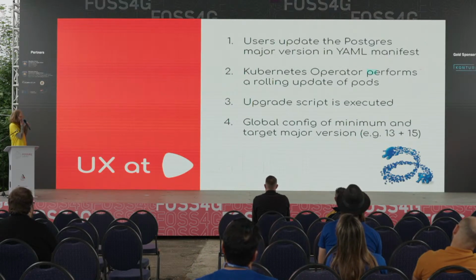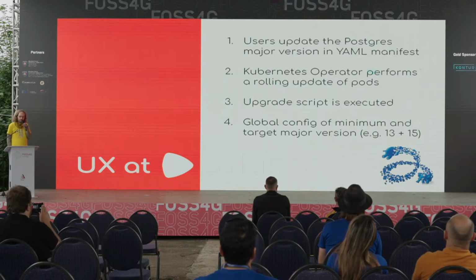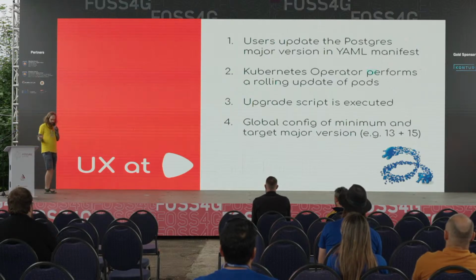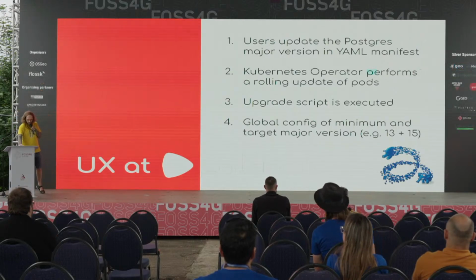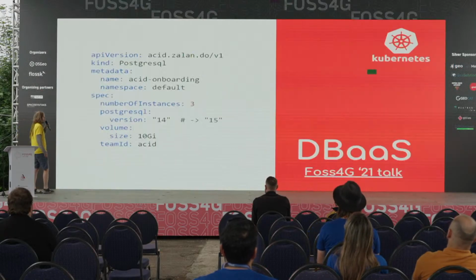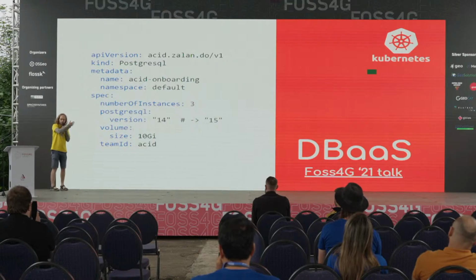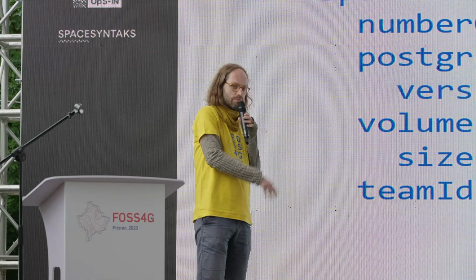Okay, so how is the user experience at Zalando? How do teams upgrade their Postgres clusters? As I said, they only have to update one number in a manifest file. This is what our teams have to do when they want to create a new database cluster.